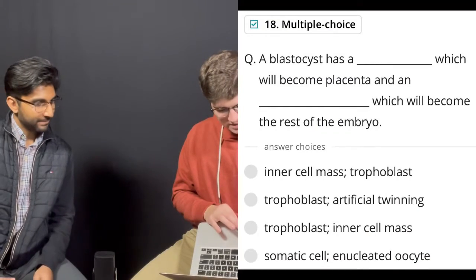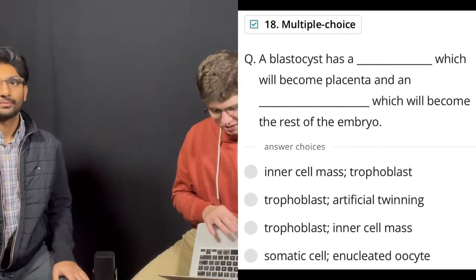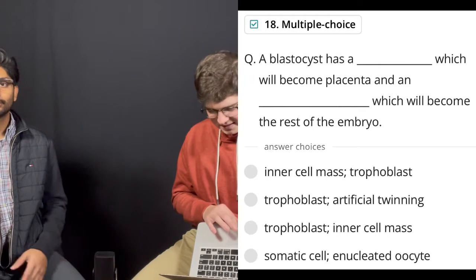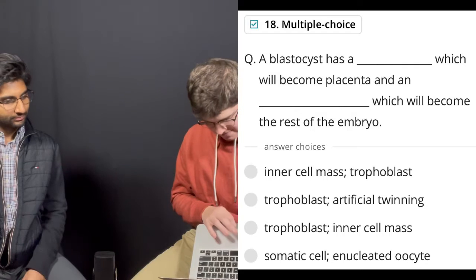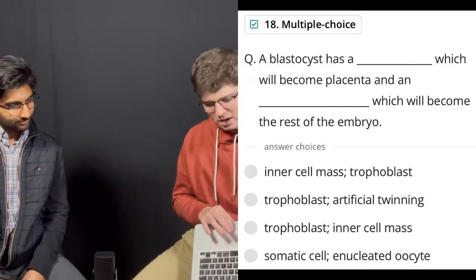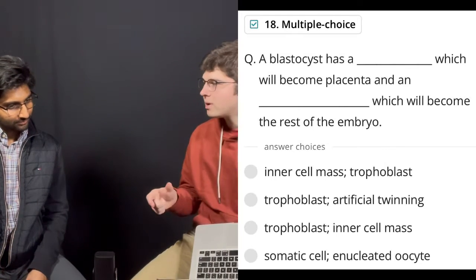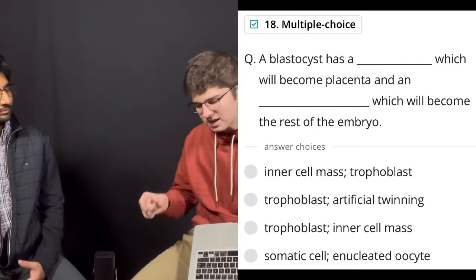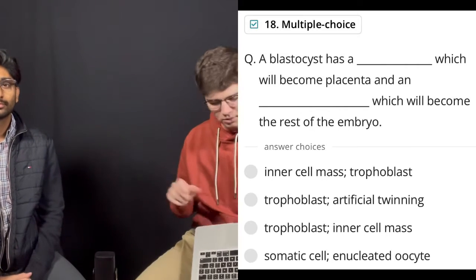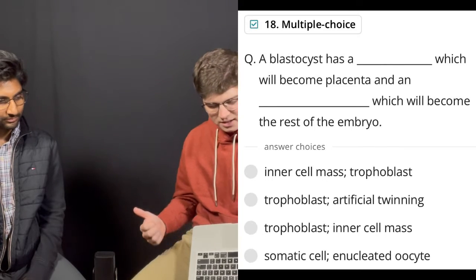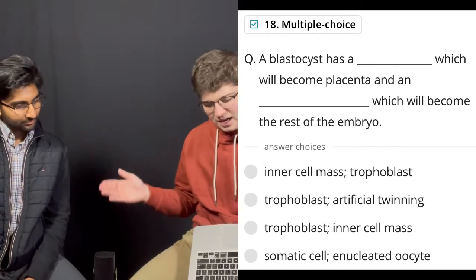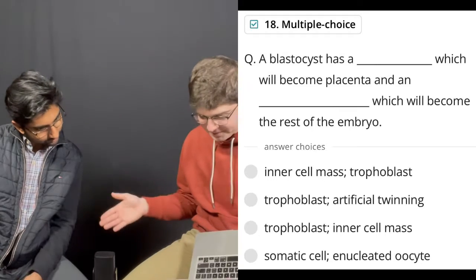Okay. So, Heem, a blastocyst has a blank, which will become placenta, and blank, which will become the rest of the embryo. So the blastocyst has one part that will become the placenta and one part that will become the embryo. Would that be the inner cell mass becoming the placenta and the trophoblast becoming the embryo?